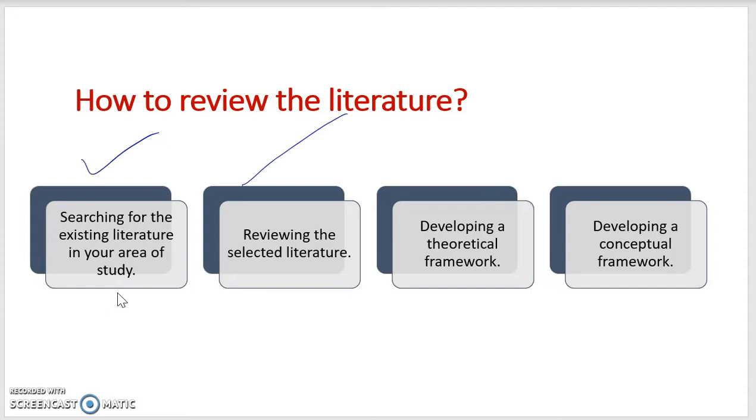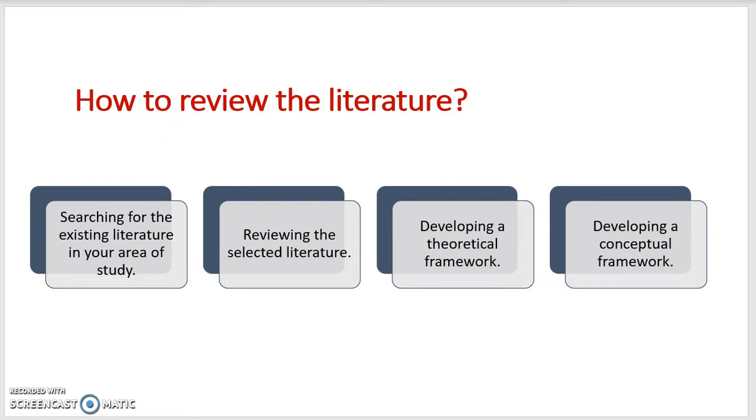Is it applicable in the introduction, or to compare the findings, or to give you more ideas about the theoretical framework? After that, you will develop the theoretical framework of your study and then the conceptual framework as well. So this is how we do it. Now I'll give you more detail on each and every step of these.